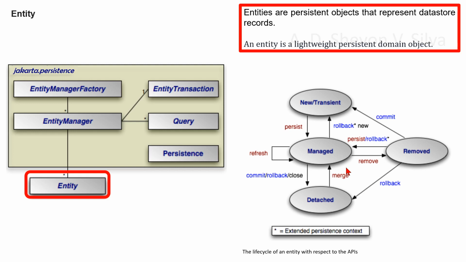The semantics of the persist operation applied to an entity X are as follows. If X is a new entity, it becomes managed. The entity X will be entered into the database at or before transaction commit, or as a result of the flush operation.